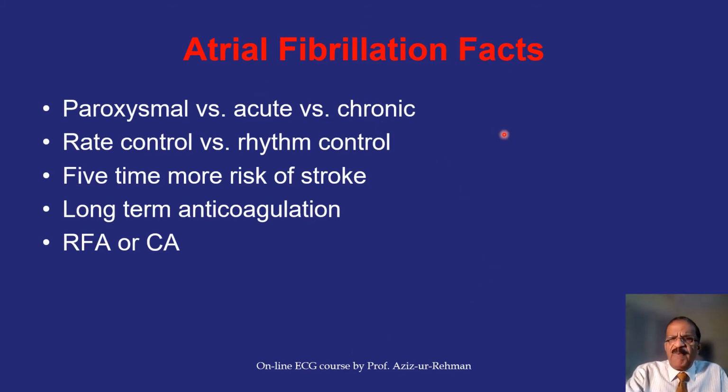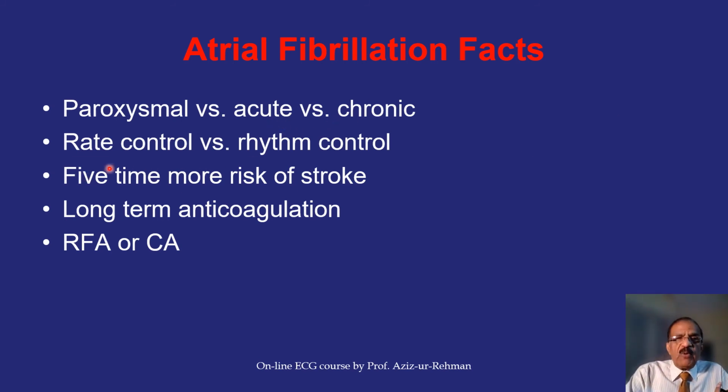And some basic facts: atrial fibrillation could be paroxysmal, acute or chronic. Paroxysmal comes and goes, and the patient gives a history of many attacks. Acute is just recent onset, and chronic is established. There are different treatment approaches in different cases, so that's why I brought up this topic into discussion.